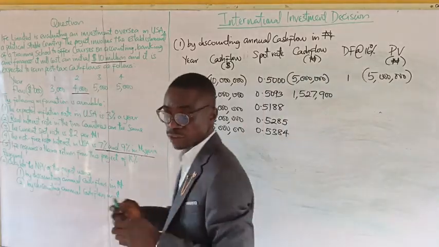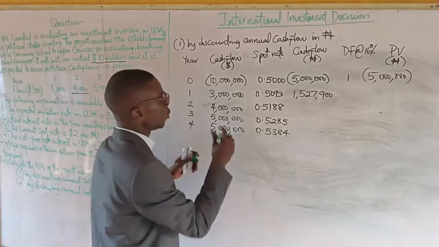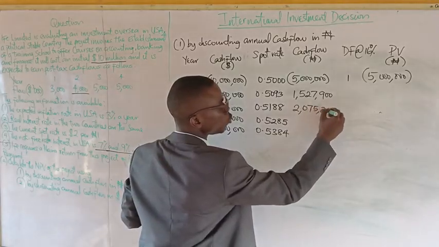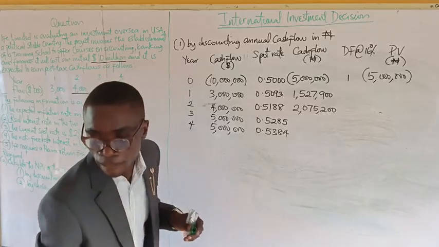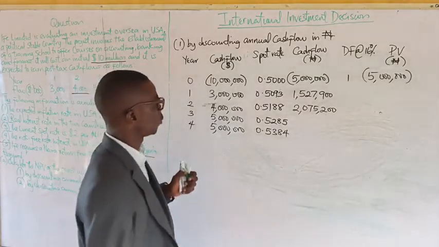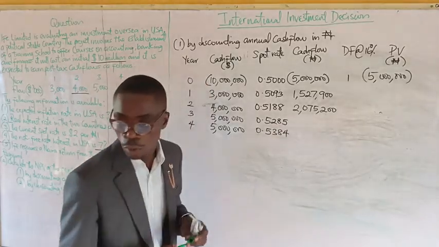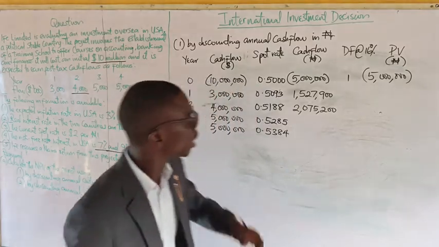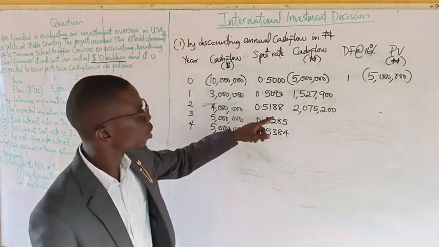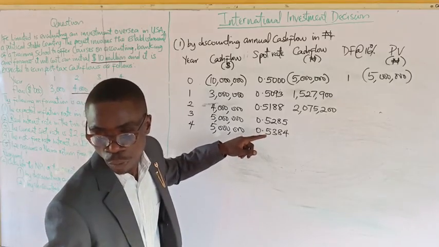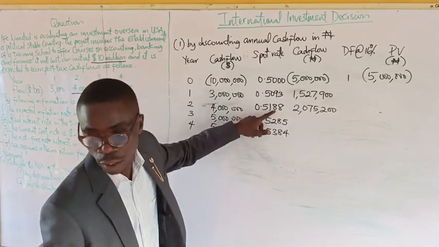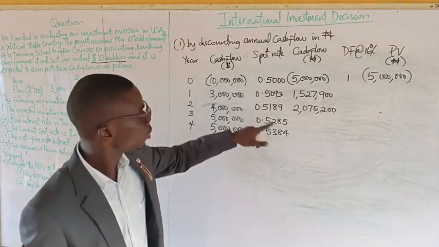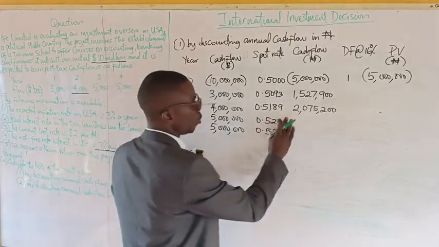Someone should be fast. We have 2,075,200 for year 2, and let's approximate the next ones.